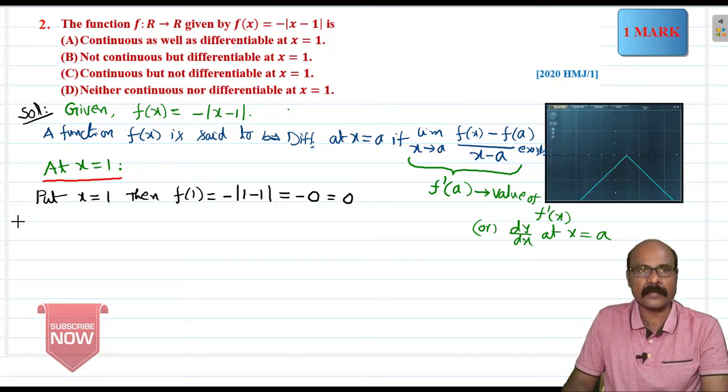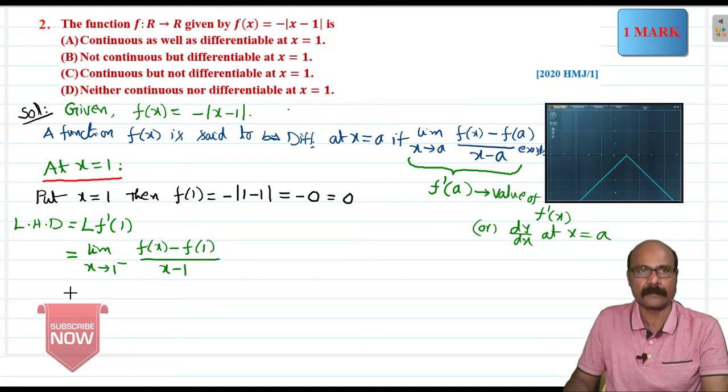So now we can find the left hand derivative. Left hand derivative at x equal to 1 can be denoted as L f dash of 1. That is equal to limit x tends to 1 minus of f of x minus f of a by x minus a, here a is 1, so f of x minus f of 1 by x minus 1.